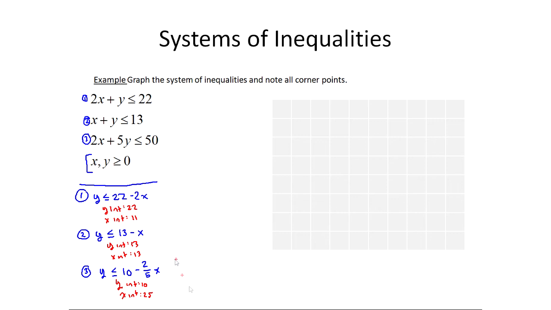All right, notice that we don't have any negative intercepts. So what I'm going to do to make life easier for graphing is actually put my scales right here, because we can't have negative x's or negative y's. So I only need to look at that first quadrant. So this is my y-axis, and this is my x-axis.